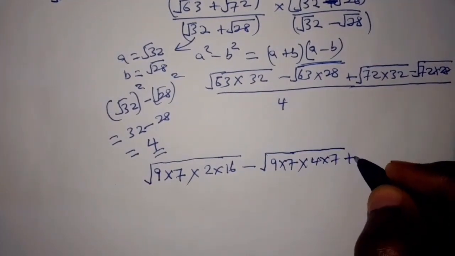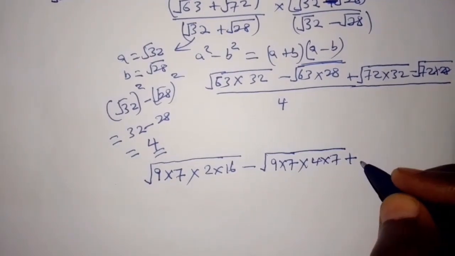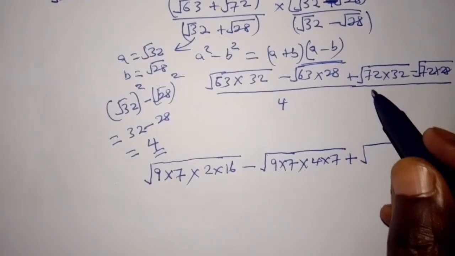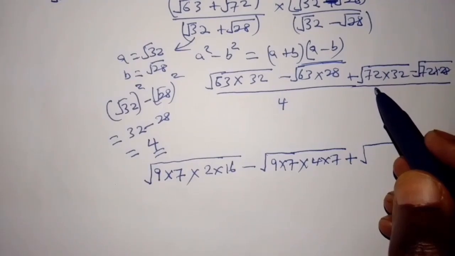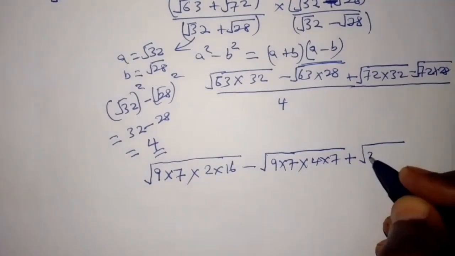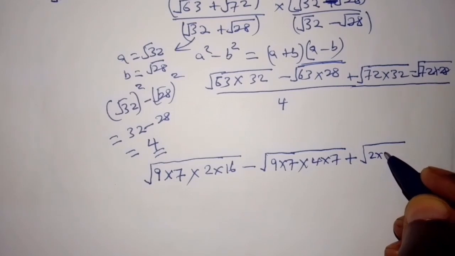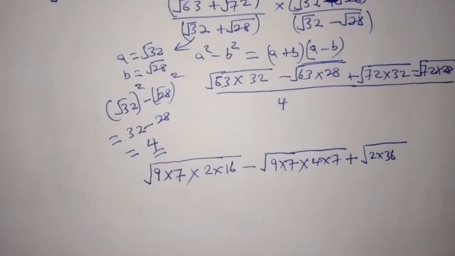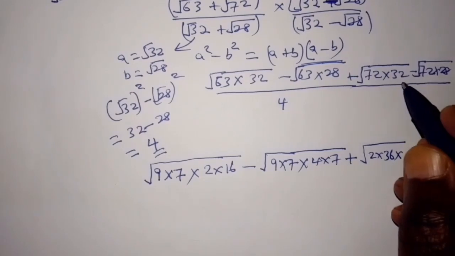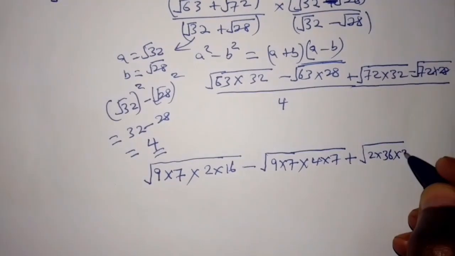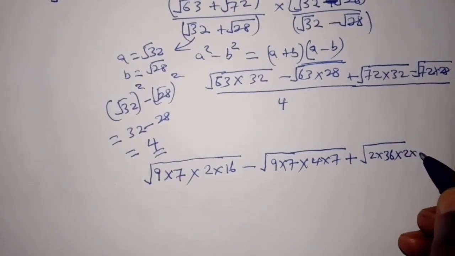Then we add to the square root of 72. 72 is 2 times 36. 32 is 2 times 16.